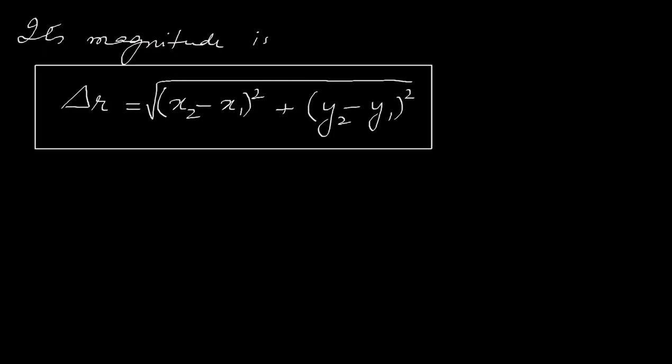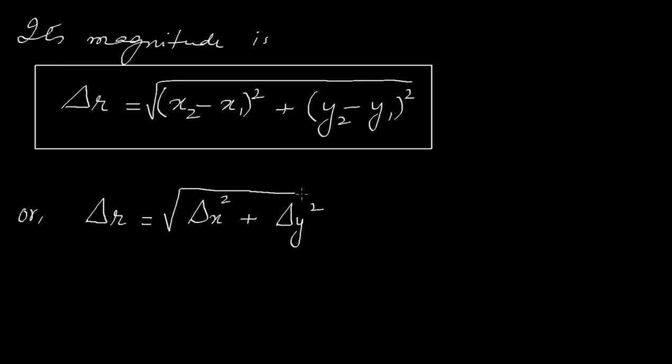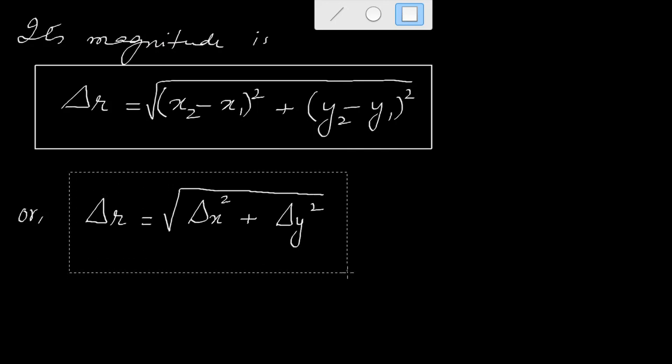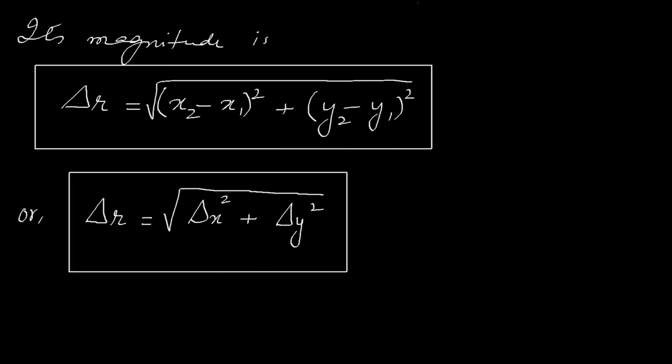Okay, and I believe you are very familiar with this formula before in geometry, right? This is called the distance formula. Basically why? Because it gives the distance between point A and point B. Or you can write like this, delta R, instead of writing x2 minus x1, we can just write delta x square plus delta y square under a root. What is delta x? x2 minus x1. And what is delta y? y2 minus y1.